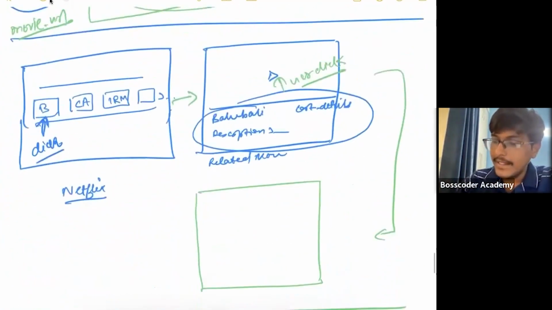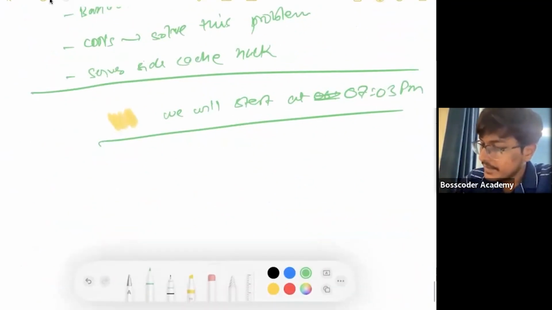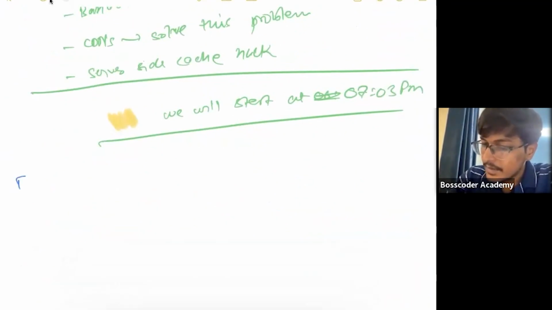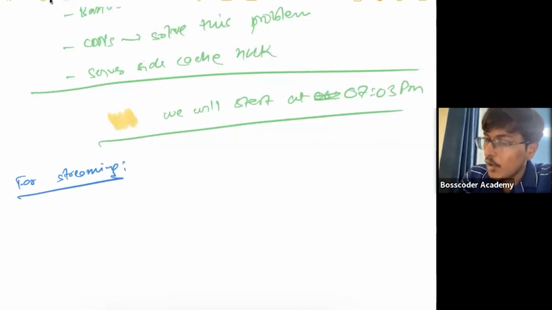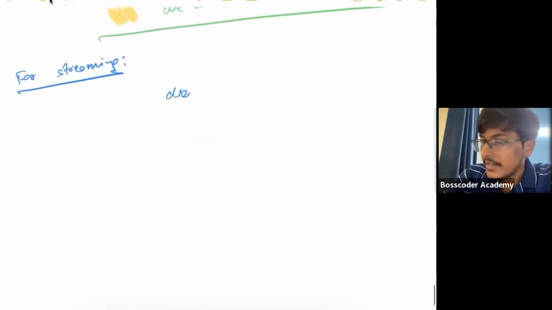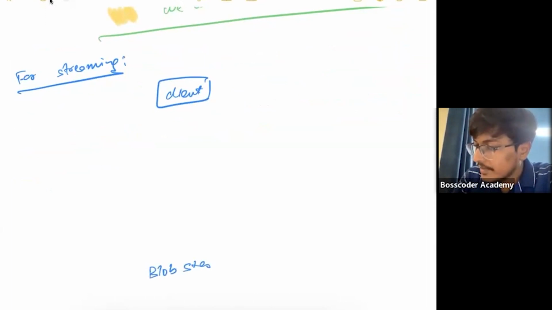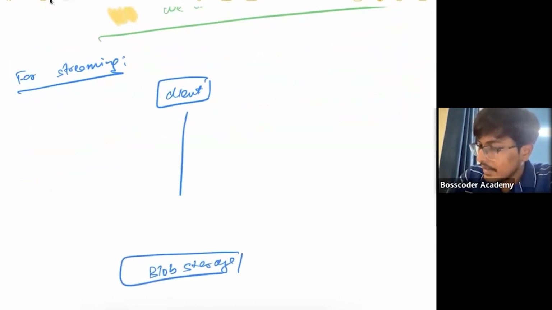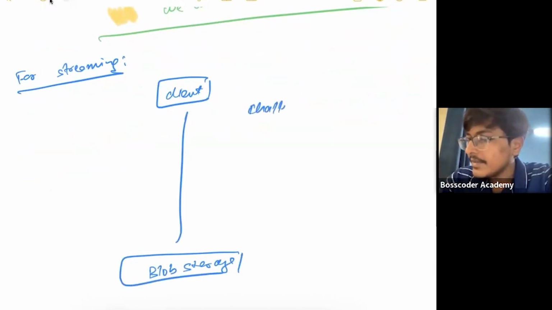Now this is clear that for streaming, right now, what we are doing is the client is forming a connection with the blob storage. So do you see any challenges here?